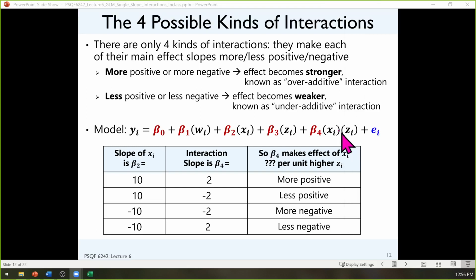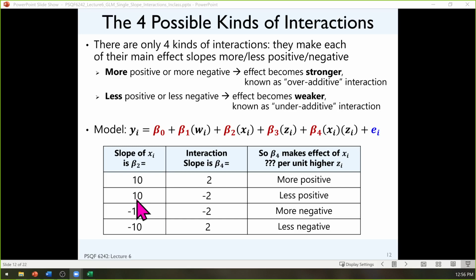That's the way I would talk about it. If I have a positive slope for x, but the interaction term is negative instead, then I would say that the slope for x becomes less positive as z increases. So x would have less of an effect at people at higher levels of z in that case.